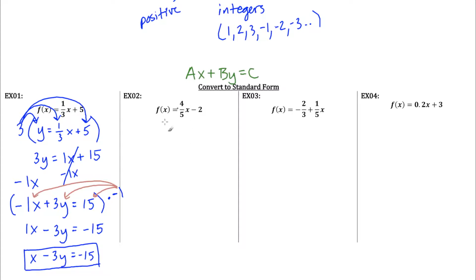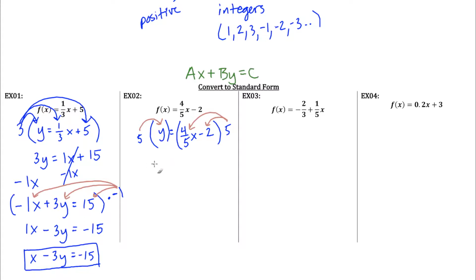Cool. Let's do it again. So y equals 4/5x minus 2. First thing, get rid of this fraction, times 5. Multiply both sides by 5. So that means I'm going to multiply 5 times y and 5 times this and this.